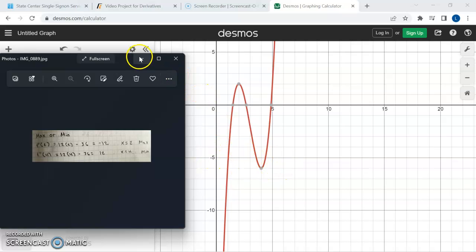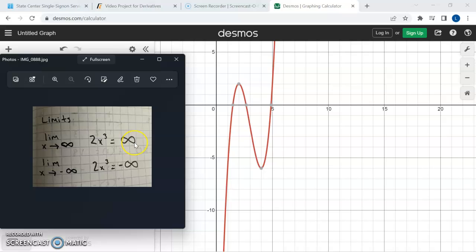And the last thing was to find the limits as x approaches infinity and negative infinity. We always find limits at the highest degree, and that would be 2x to the power of 3.